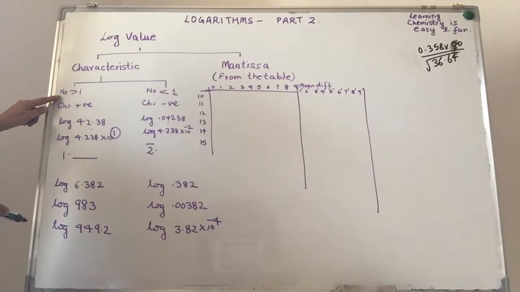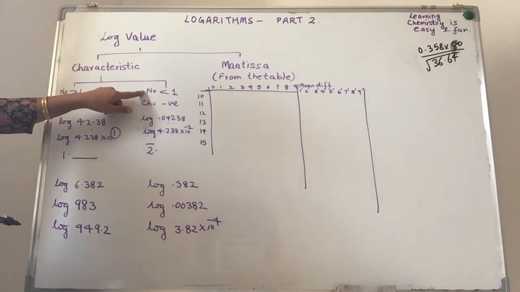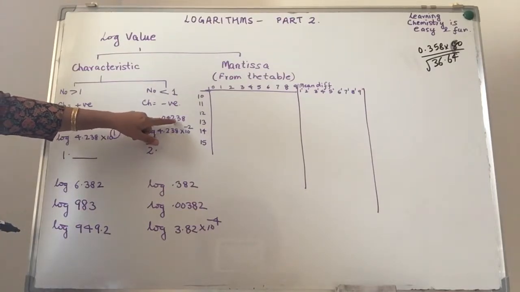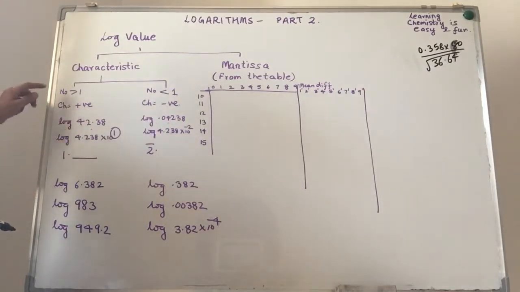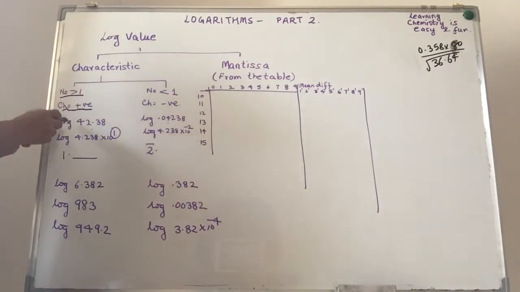Characteristic depends upon whether the number is greater than 1, meaning it has a digit before the decimal, or less than 1, meaning there is no digit before the decimal and our number starts like 0.04238. If the number is greater than 1, my characteristic is positive. Log of 42.38.